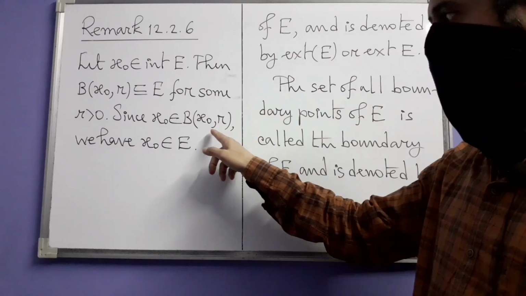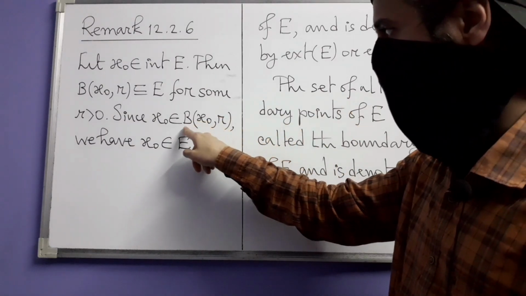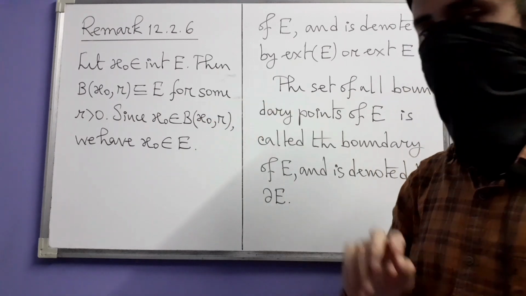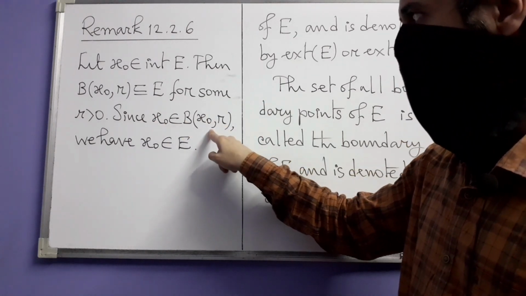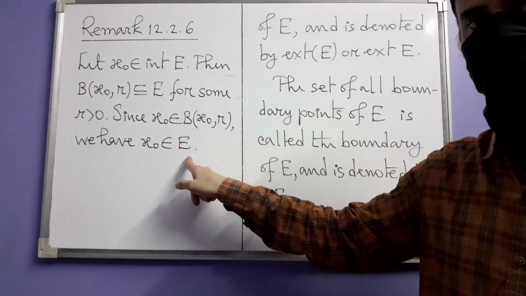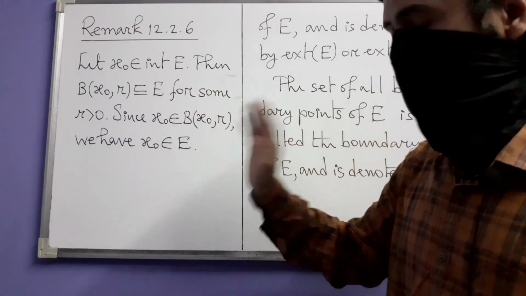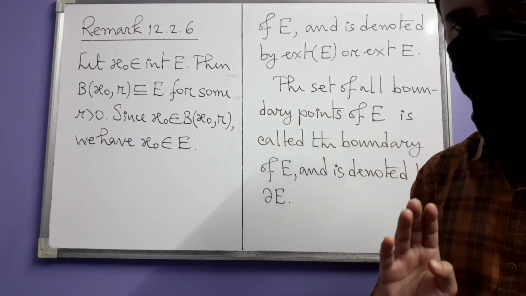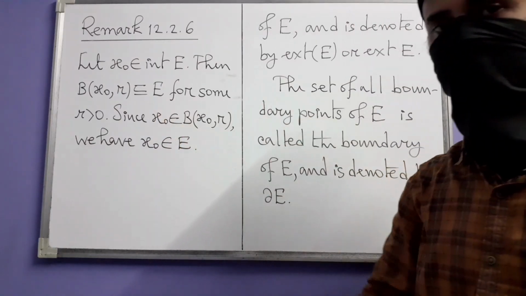But we already know, we noticed this fact in the previous video itself, that any ball contains its own center within it. So this is a point in this set and this is the subset of E. So obviously x0 will lie in E. So every interior point of E is inside E, and as such the interior of E itself is a subset of E.